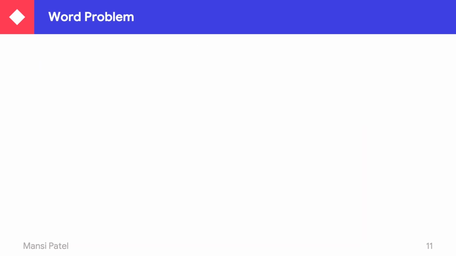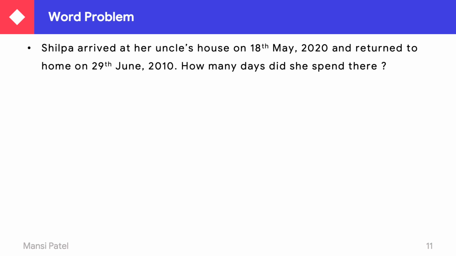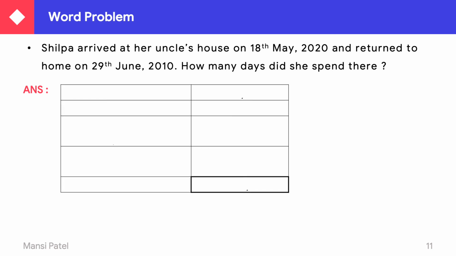Let us see another word problem. Shilpa arrived at her uncle's house on 18th May 2020 and returned home on 29th June 2020. How many days did she spend there? So on one side the statement, on the other side the days.